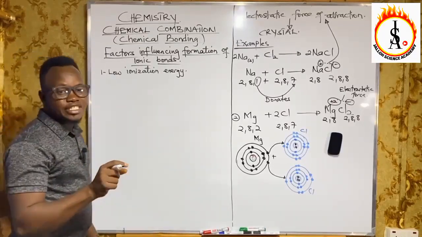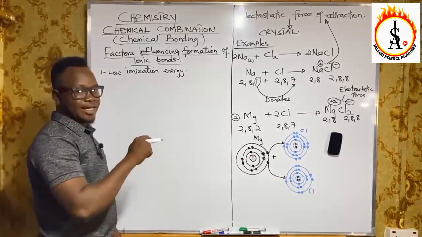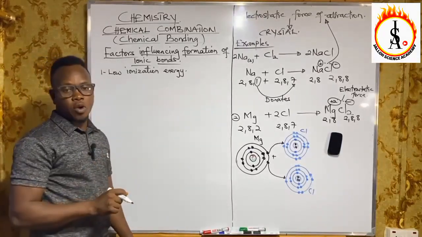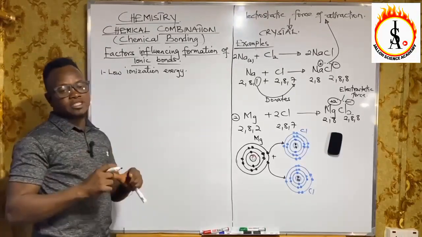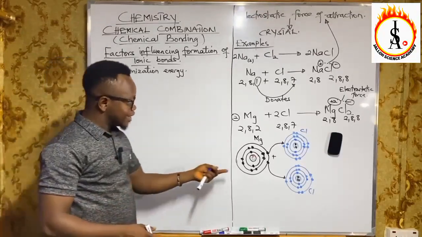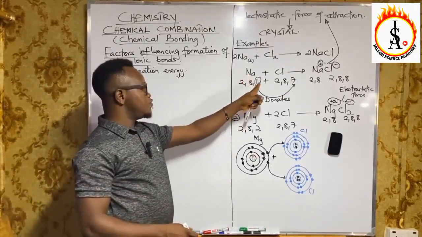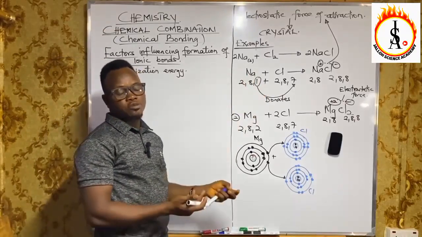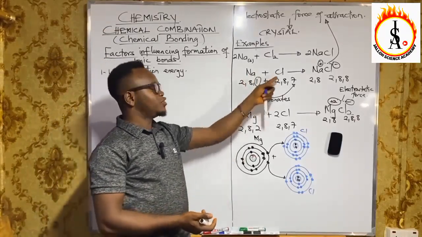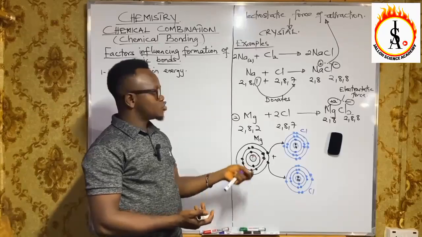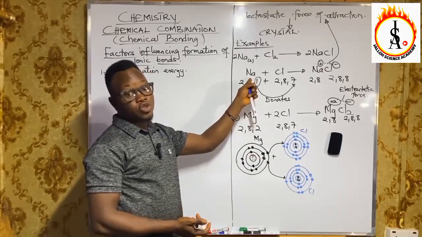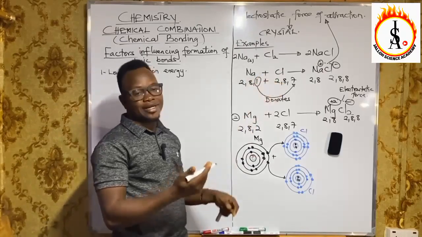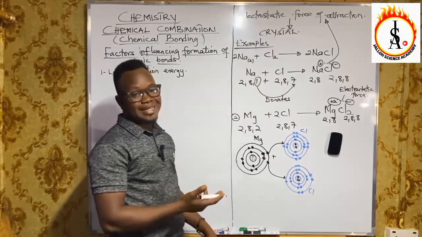So if that energy is low, then an electron can be easily plucked from that particular species, like in the case of sodium. Removing an electron from sodium becomes much easier than removing an electron from chlorine. So the ionization energy of sodium is low, whilst the ionization energy of chlorine is high.